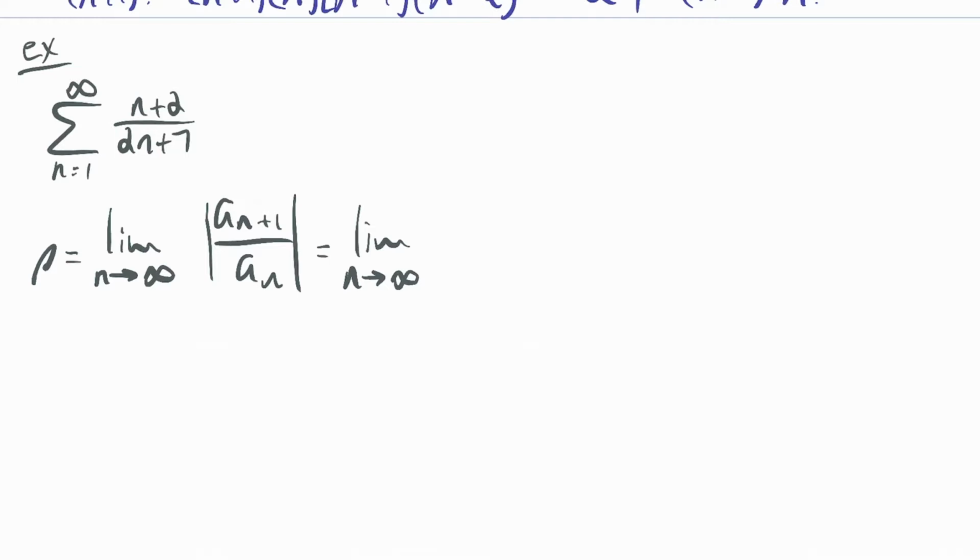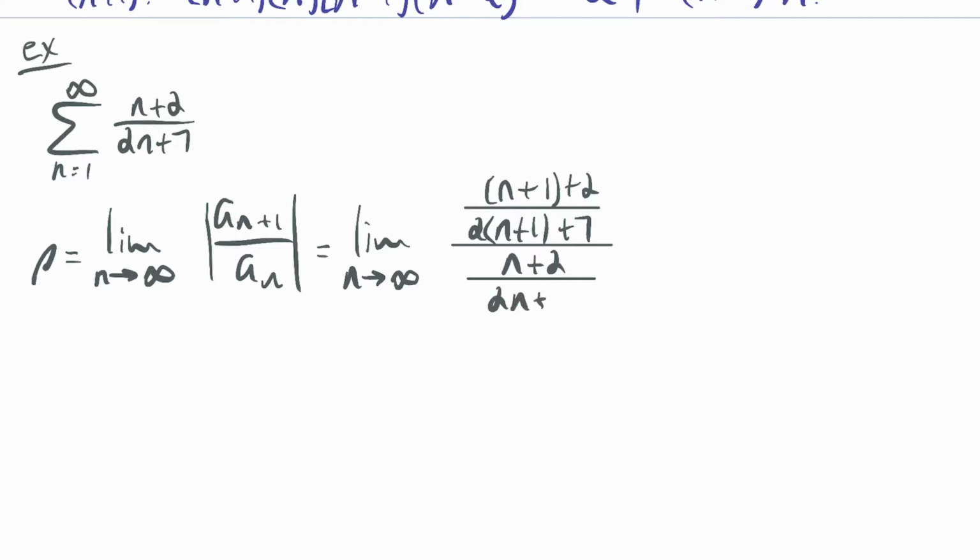So this will be the limit as n goes to infinity of a big fraction: n plus 1 plus 2 over 2 times n plus 1 plus 7, all over n plus 2 over 2n plus 7.